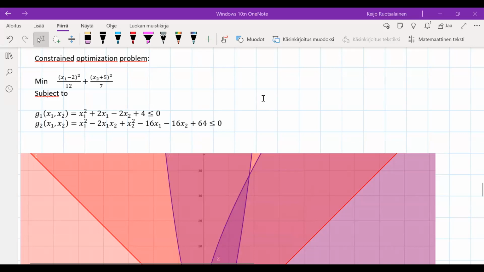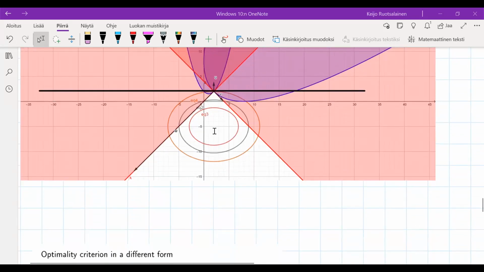So the global minimum of our quadratic function is not contained in our constraint set. If we look here, the coordinates are 2 and -5. It's here. So here is the global minimum.